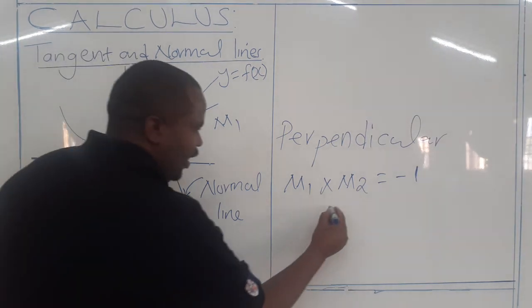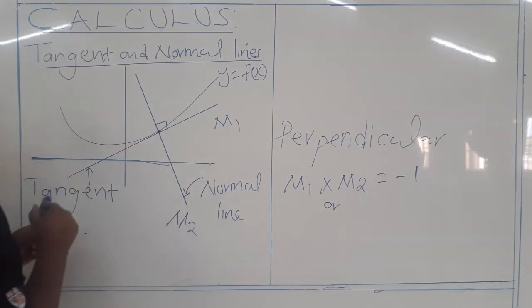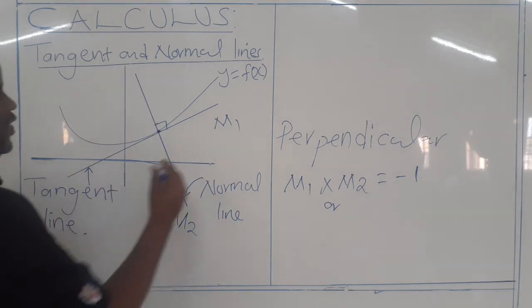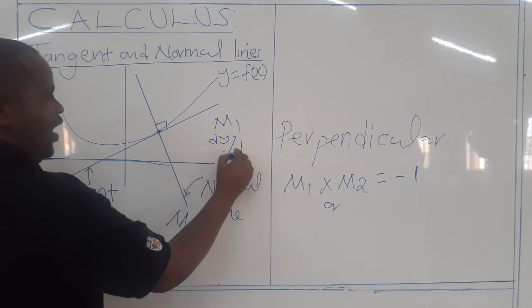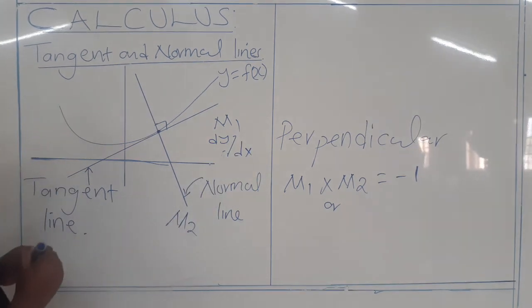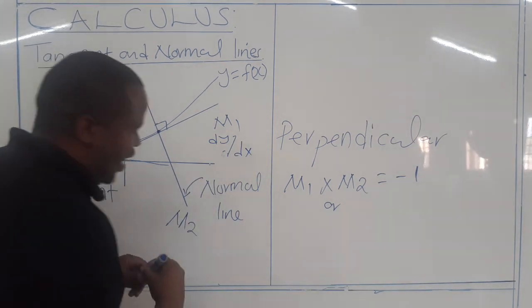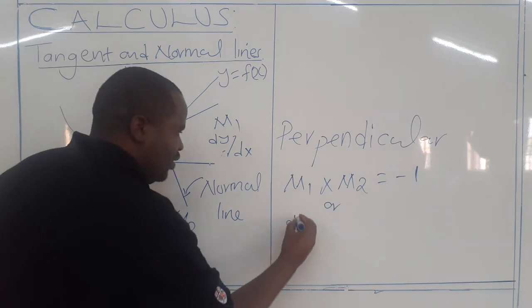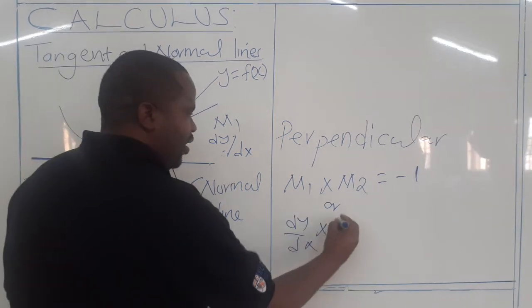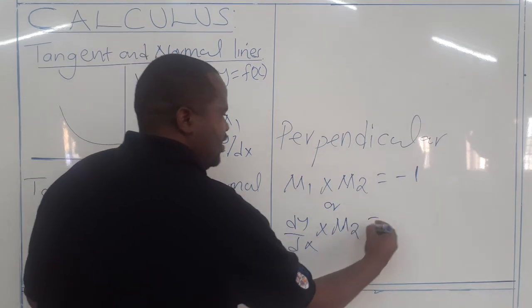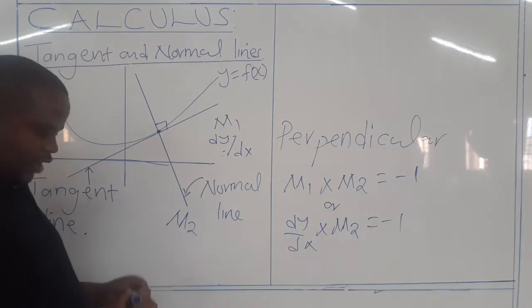Alternatively, we can say if the gradient of the tangent is dy/dx, then dy/dx multiplied by m2, the answer should be -1.